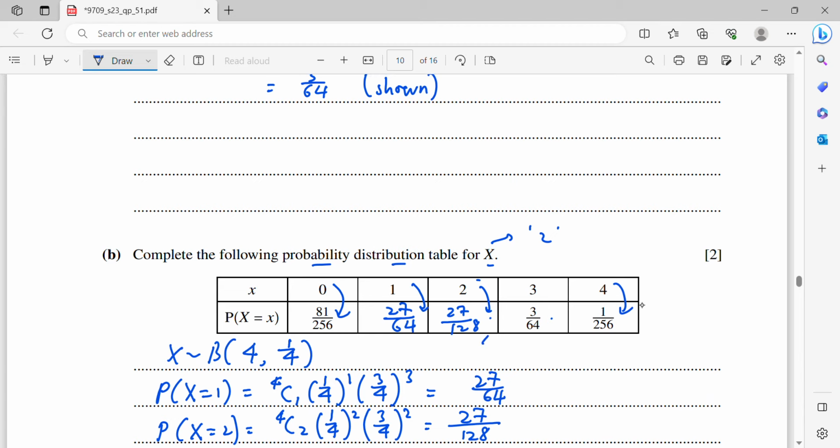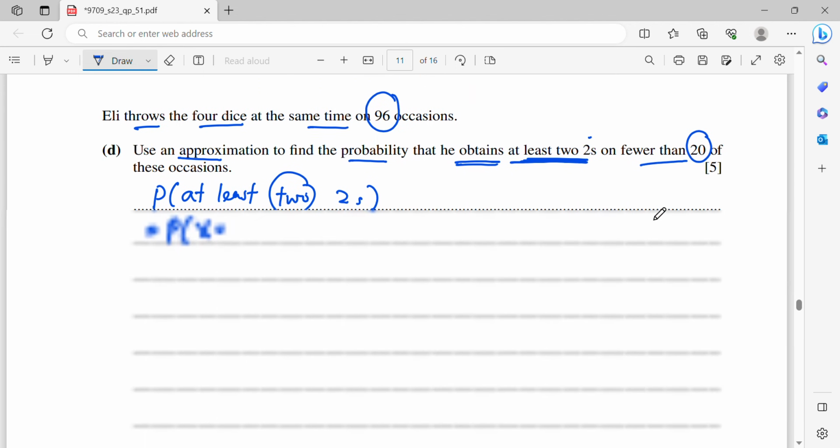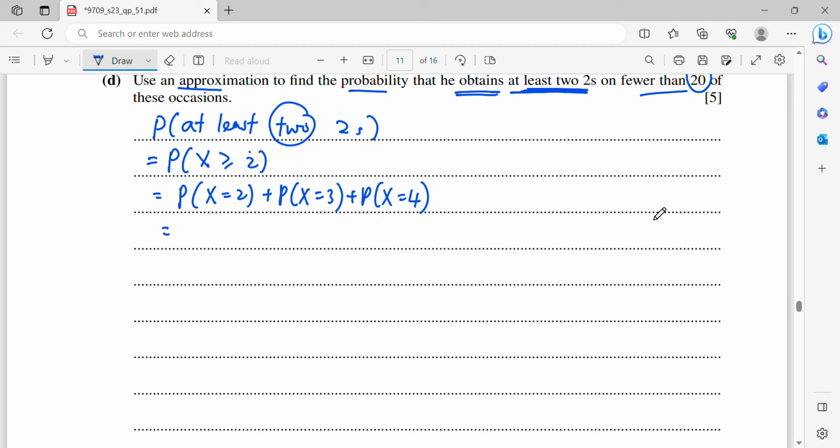27 over 128 plus 3 over 64 plus 1 over 256. Or you can just use 1 minus the previous 2 probabilities. Right? So here I will write it is 27 over 128 plus 3 over 64 plus 1 over 256.